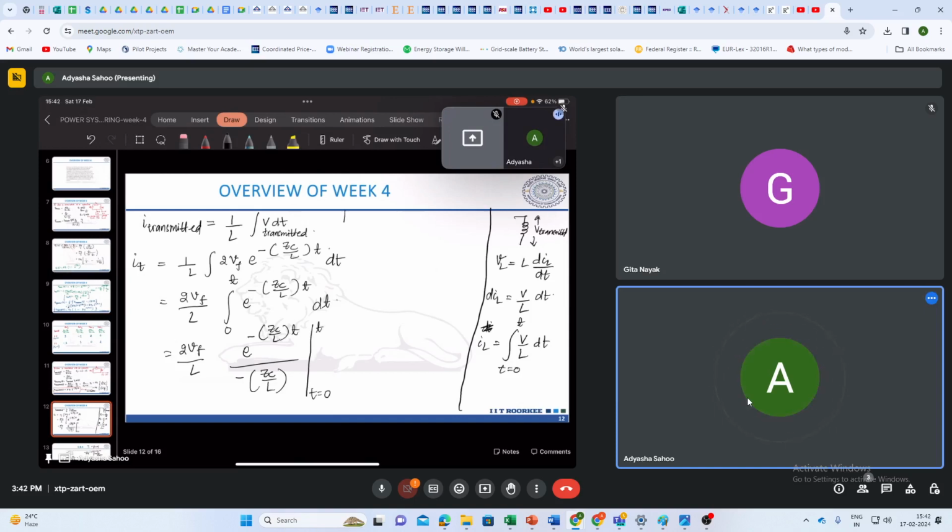So I'll get I_T as 2V_F by L into minus L by Z_C. So first let me substitute t: e^(−(Z_C/L)t), minus, if I put t equal to 0 here, this will come as 1.